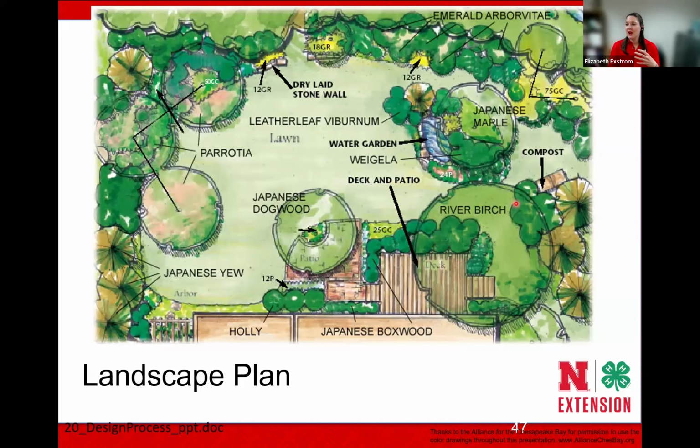That's where we don't have that cohesive feeling, and it's going to feel more like a collection of objects or a collection of plant material instead of a whole landscape. So having a plan in place can help you from buying plant material that we don't need.